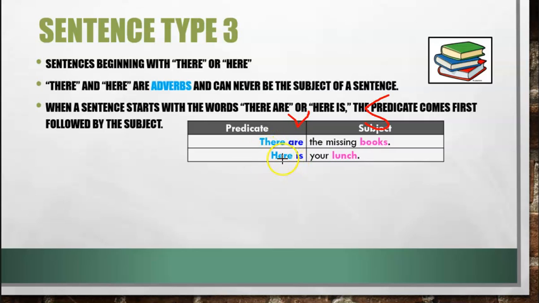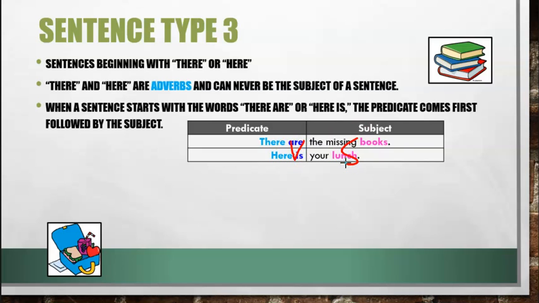The second example is: here is your lunch. In this example, here is your adverb, is is the verb, lunch is your subject. So we would divide our sentence between is and your, with here is being predicate, your lunch being the complete subject, and again, this would be a verb-subject order.